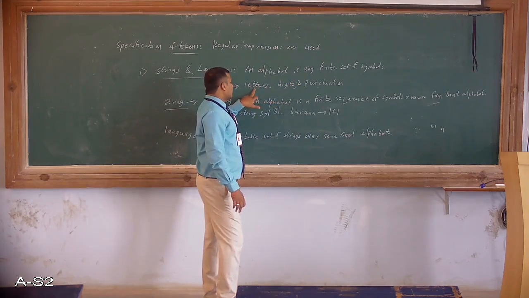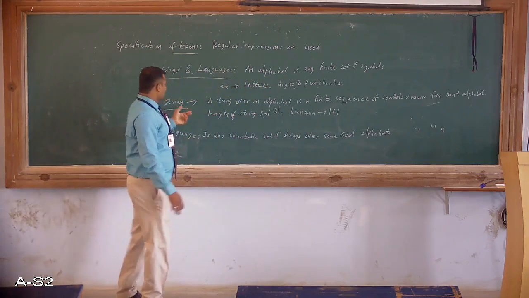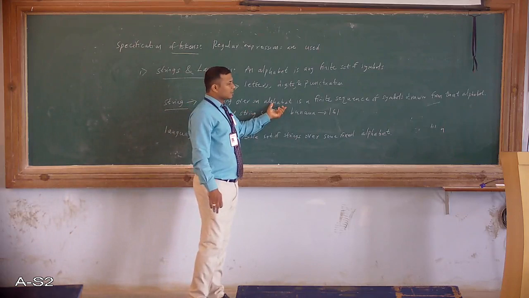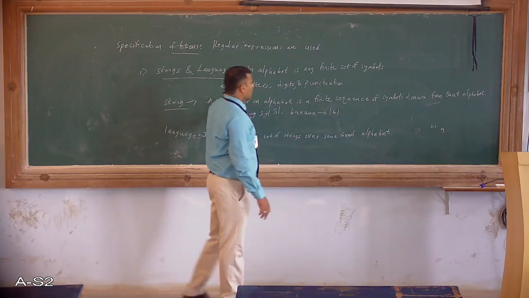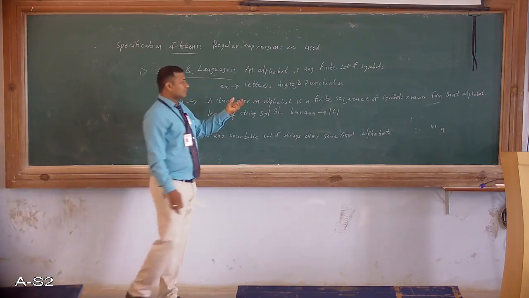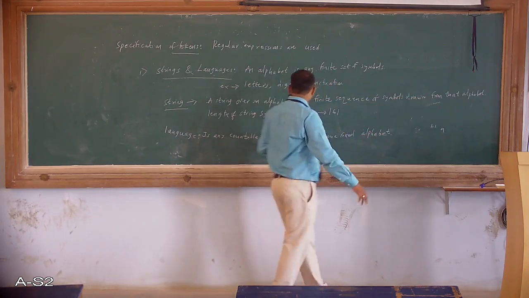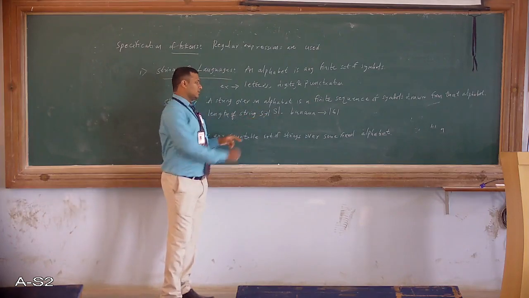The letters, say A to Z, we can call an alphabet. Similarly, a string over an alphabet is nothing but what? A finite sequence of symbols drawn from that alphabet. Similarly, a string over digits is a finite sequence of symbols drawn from those digits.